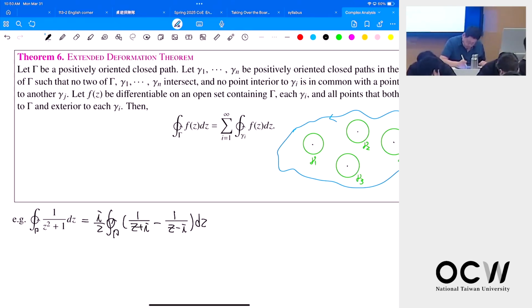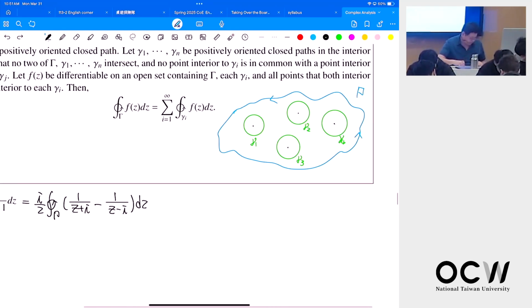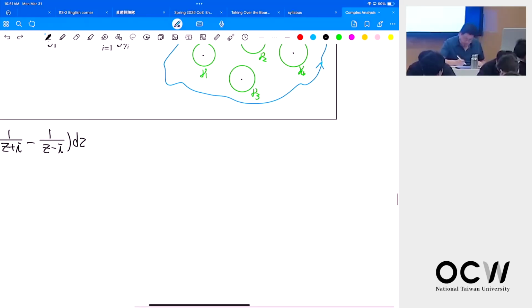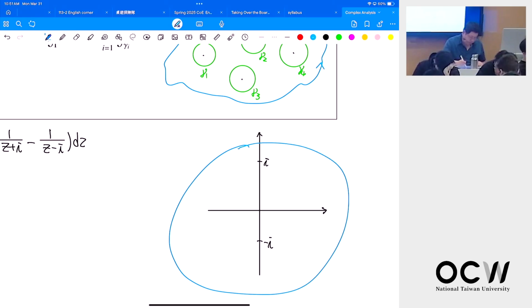Okay, I have 2 parts, and it really depends on my tau. So now let's plot this closed curve tau. Suppose I have i and minus i. Suppose my tau is in this region, closed curve.